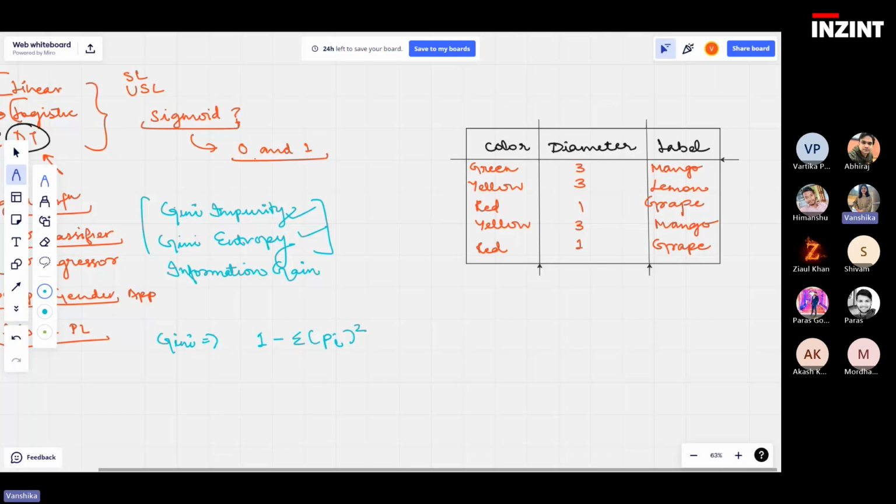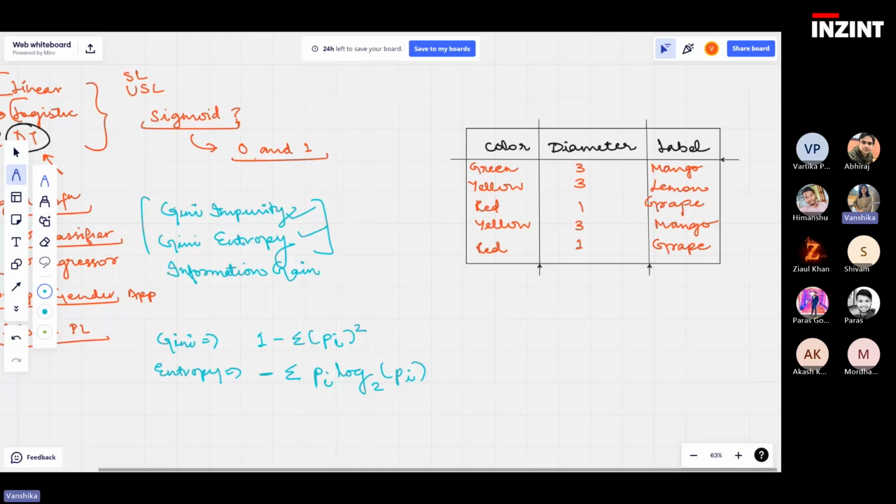And if I write the formula for entropy, give me a moment. It is the summation of probability of i times log base 2 of the probability of i, and here the sign is negative.